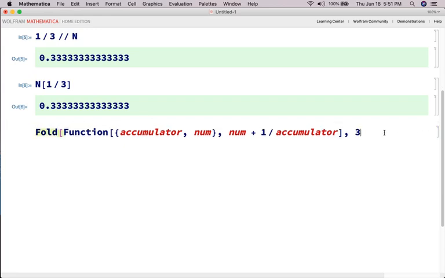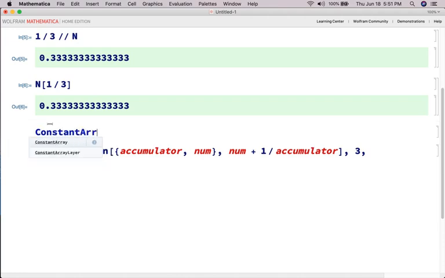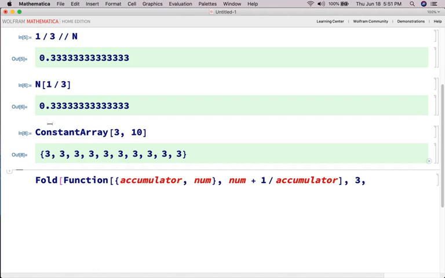And then I need a whole list of 3's. So my initial accumulator is going to be this 3, and then the num value is going to be all the numbers inside my list. And how would I do that? Constant array 3, 10. So I have 10 threes.